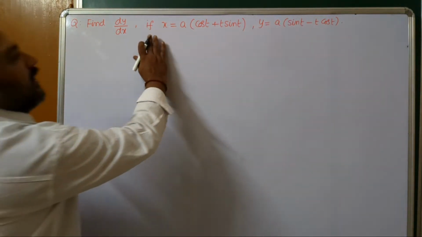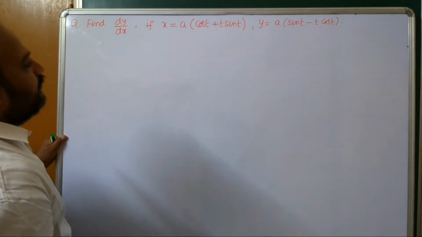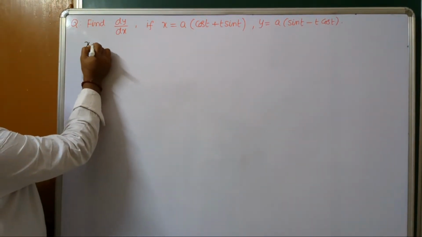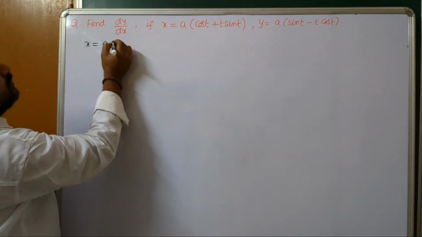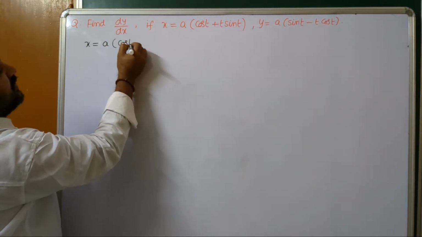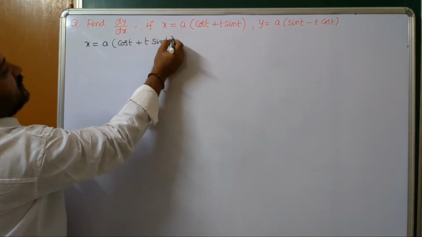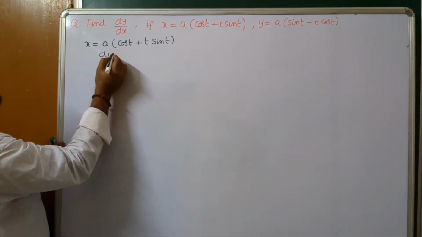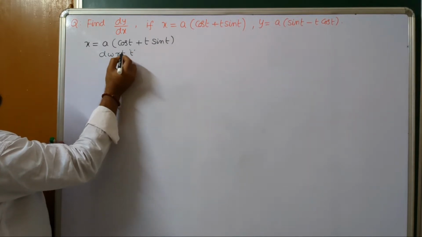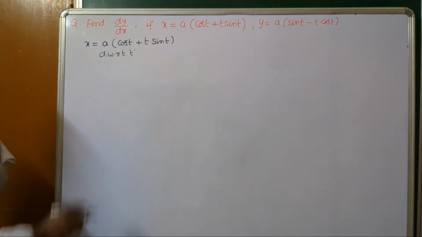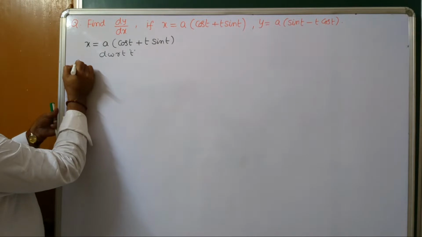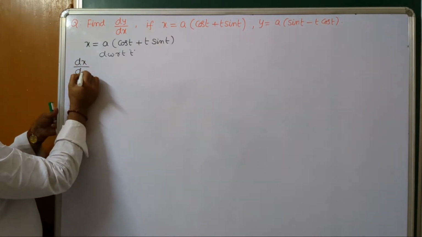So first I am taking x is equal to a into cos t plus t sin t. So differentiate with respect to t. So x differentiate with respect to t means dx by dt.